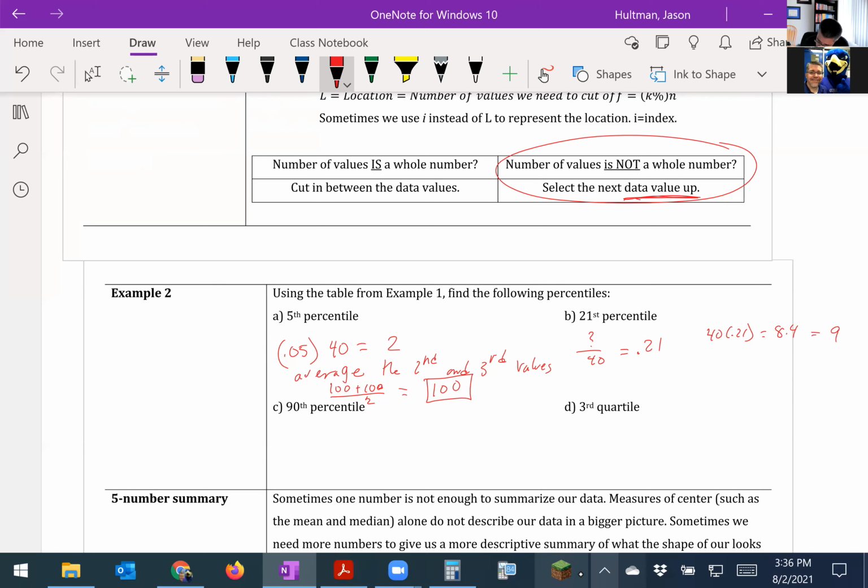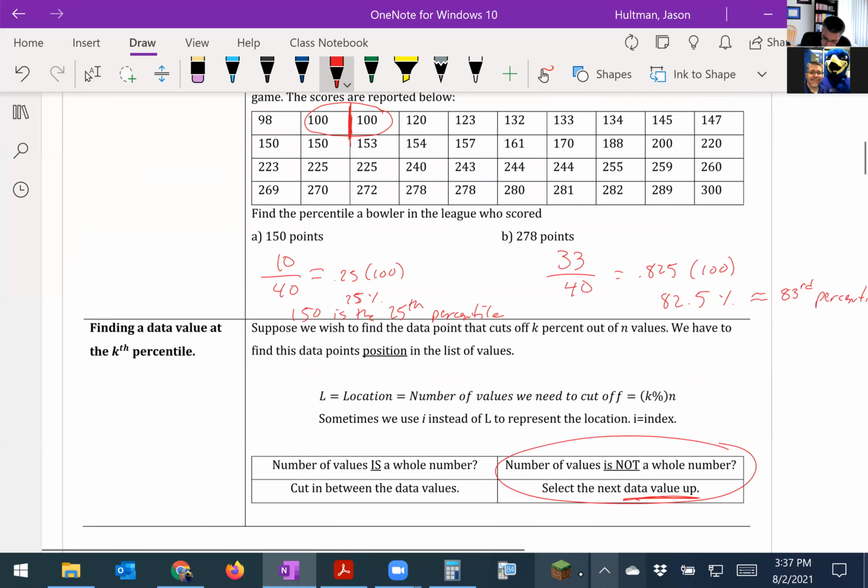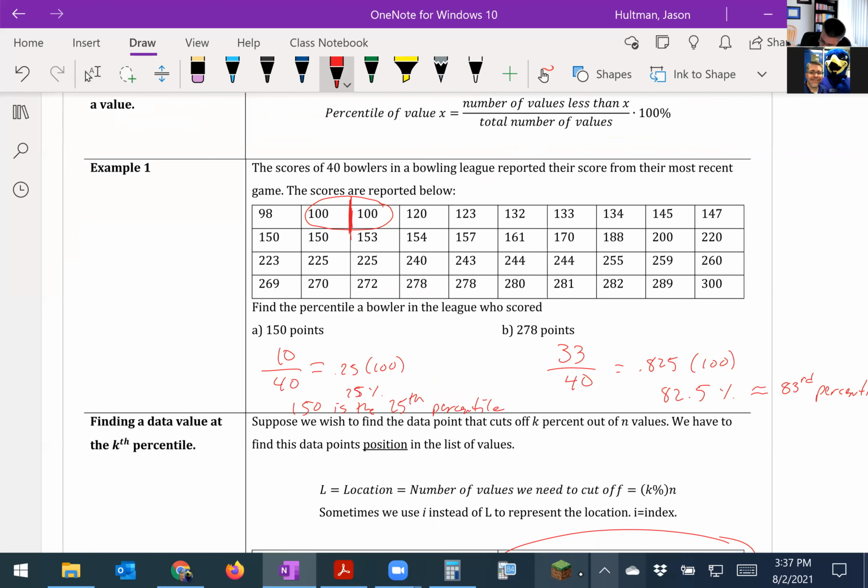So the ninth value is the 21st percentile. So what is the ninth value? The ninth value is going to be 145.